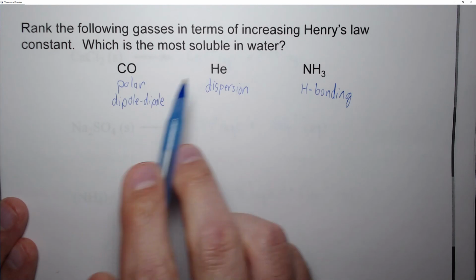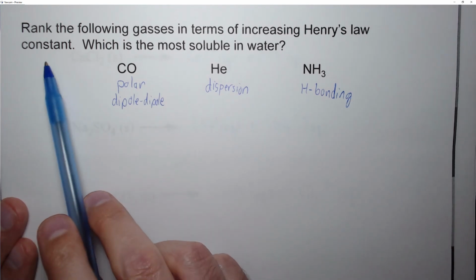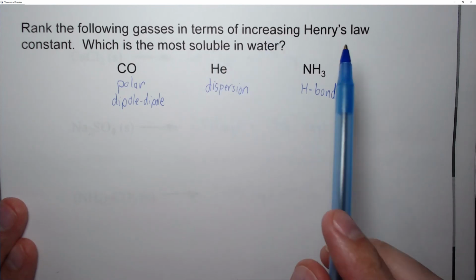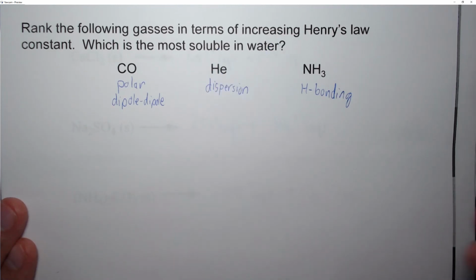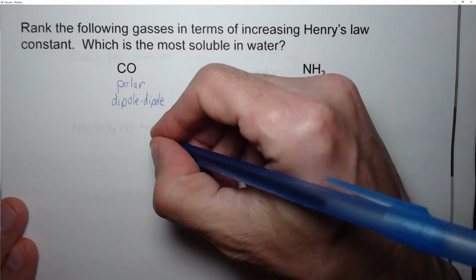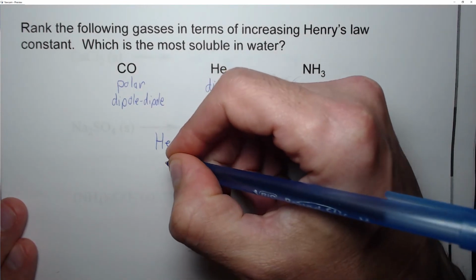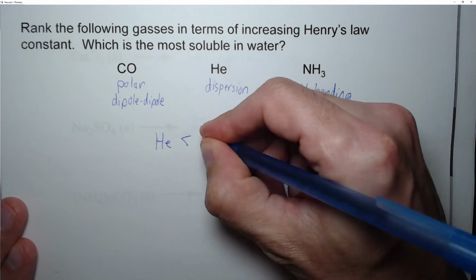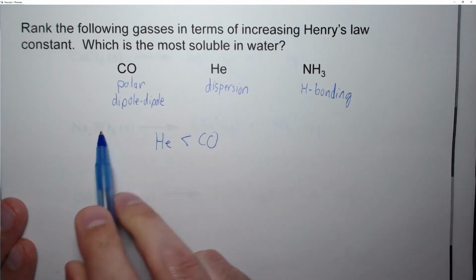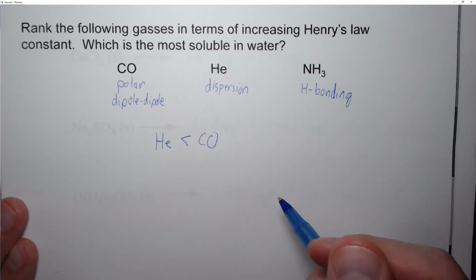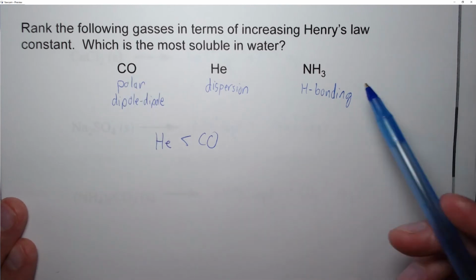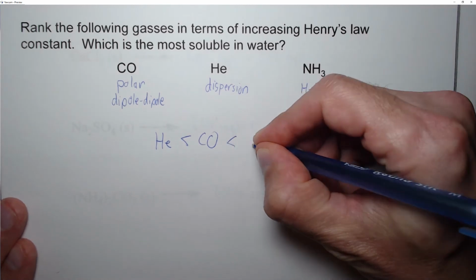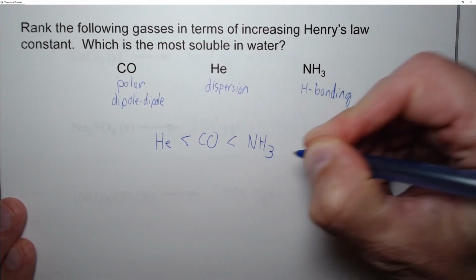So, if we were going to look at these in terms of the Henry's law constant, since we want increasing, we want smallest first, the weakest forces, that's going to be helium. And helium is going to be less than CO, which has dipole-dipole forces and some ability to hydrogen bond with the hydrogen of water, but not the oxygen of water, and followed by, finally, ammonia.